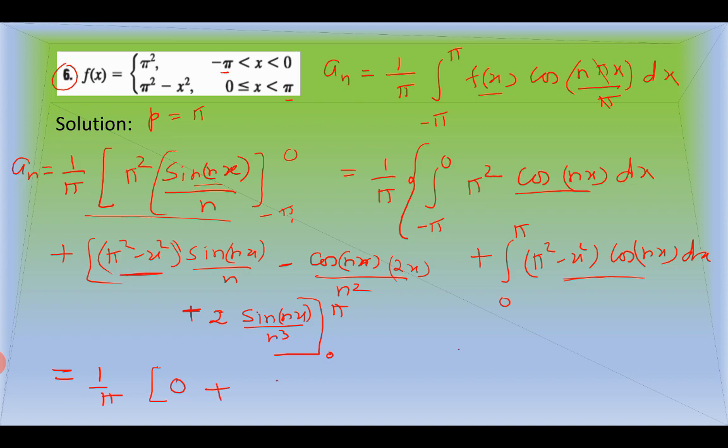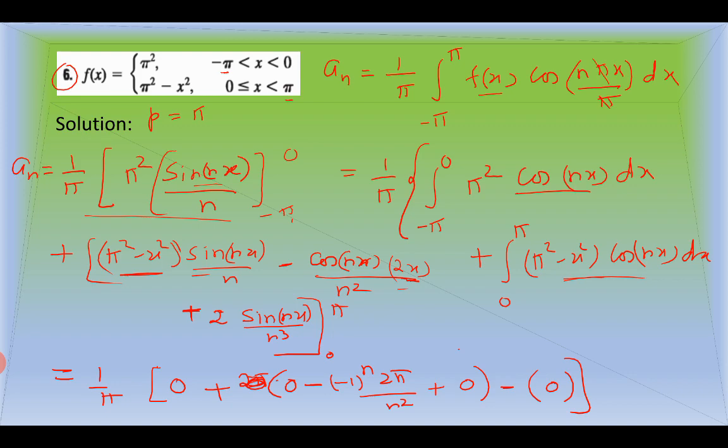Second term, substitute pi here, it will be 0. Pi here, 2 pi by n square, first term is 0, second term starts from 0 for upper limit, 0 minus cosine n pi will be minus 1 to the power n, and 2 pi over n square plus sin n pi is 0. This is for upper limit minus lower limit. Sin 0 will be 0, cosine 0 will be 0, again everything will be 0.